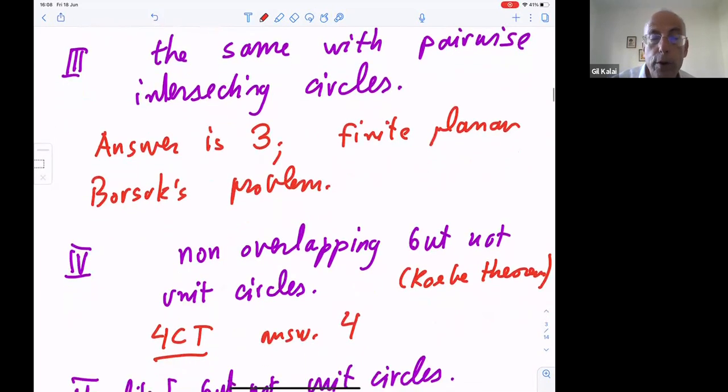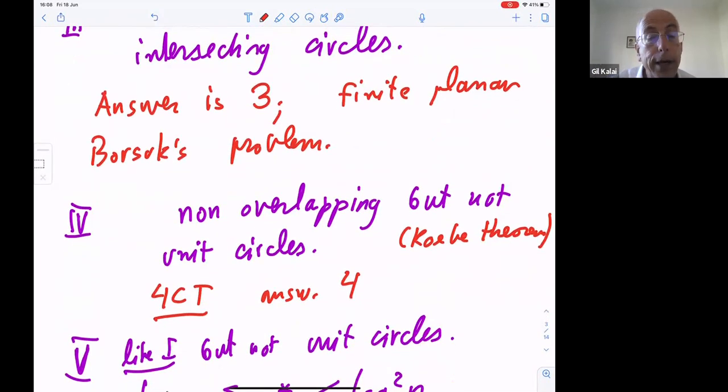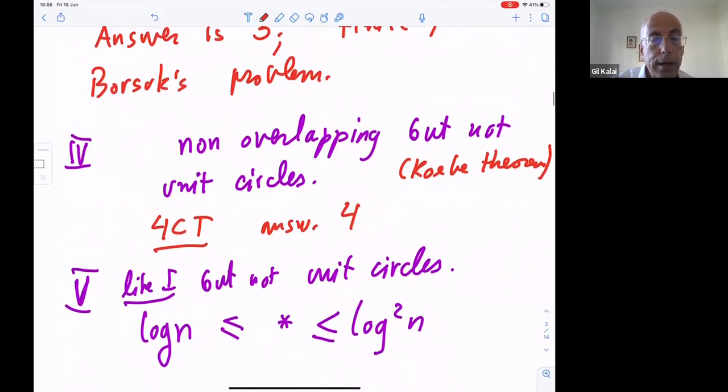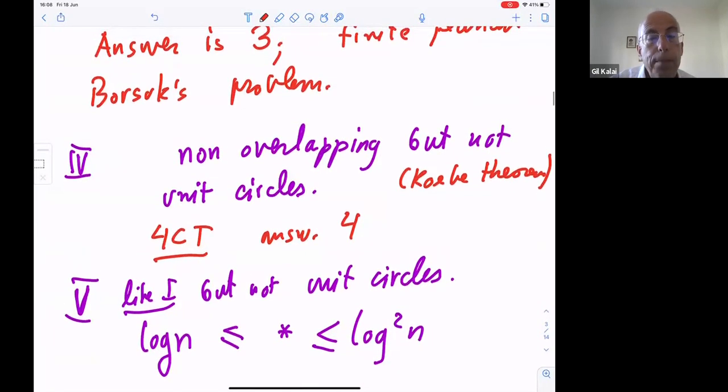So in this case, the number of colors required is a famous problem. This is the four-color theorem. Now we can ask, what happens if we consider circles and this time we have no condition, not that they are non-overlapping, not that they are intersecting, and two circles are adjacent if they are tangent.